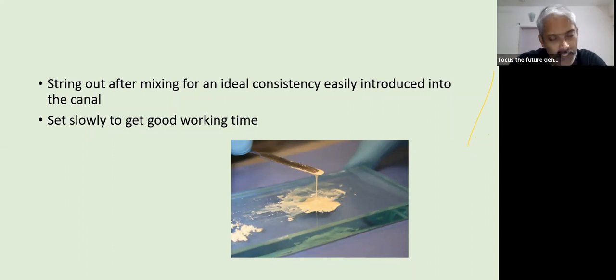And we need to get some working time, so your root canal sealers should set slowly. They shouldn't set very fast like restorative materials, or else you won't get time to manipulate the gutta percha cones and fill your root canals. That means your root canal system can be obturated in a proper, precise manner if we get some working time with the sealer.